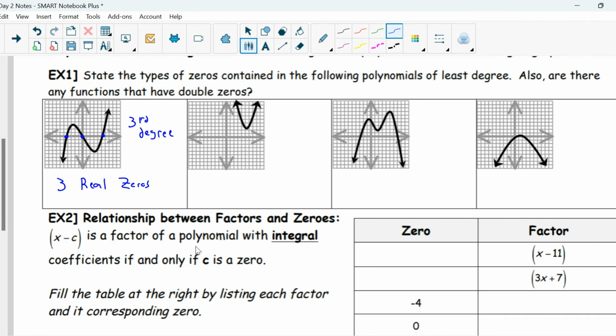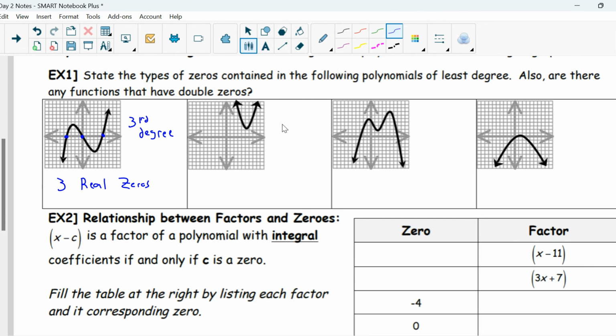Okay, my second example here. First of all, as you can tell with the zeros, this graph never crosses the x-axis. Yet, this doesn't mean that we don't have any zeros. So for this one, I'm going to start by stating the degree. As you are heading from left to right, I start in the negative direction, but then it changes at this relative minimum and starts heading in the positive direction.